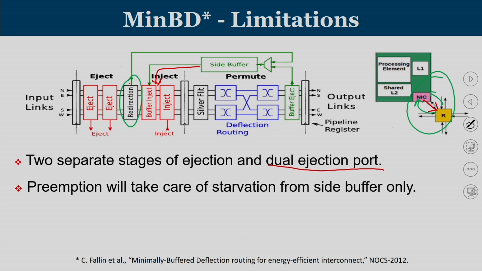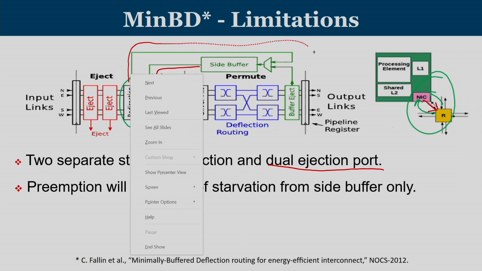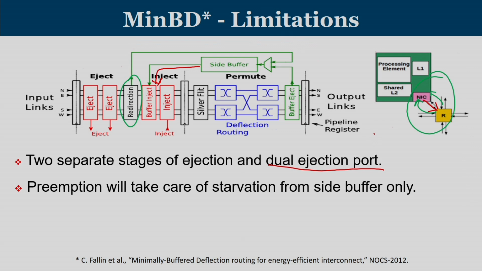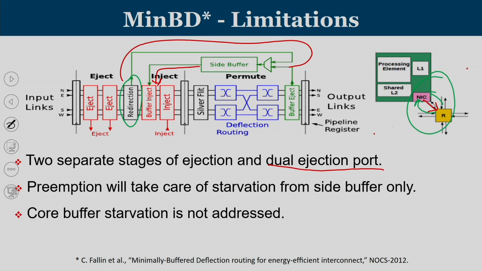So one of the flits is taken and added into the side buffer, and this process is known as redirection. So this preemption process takes care of starvation from the side buffer only. The flits waiting in the core buffer, that is, newly created flits, their starvation is not addressed.